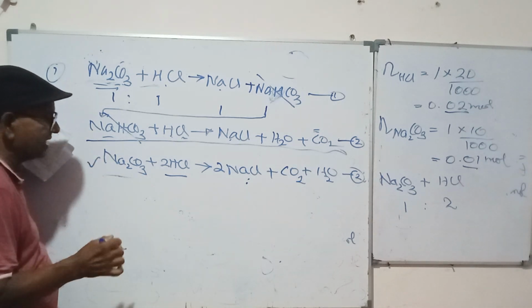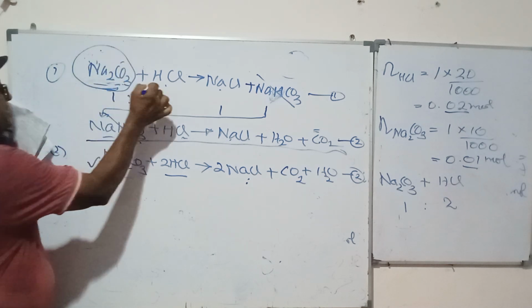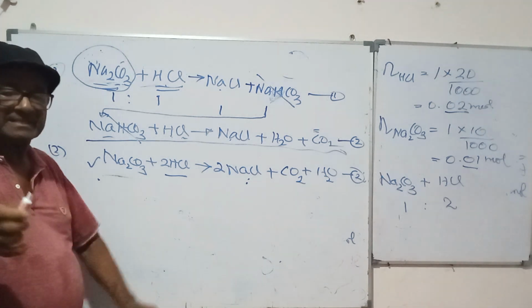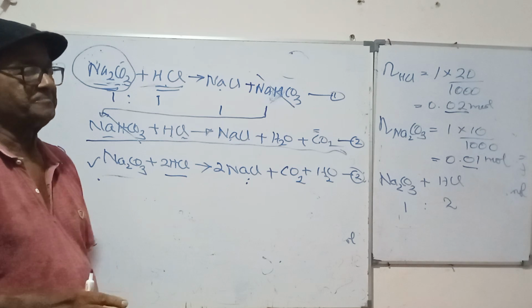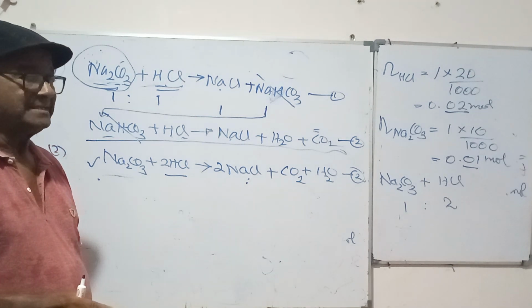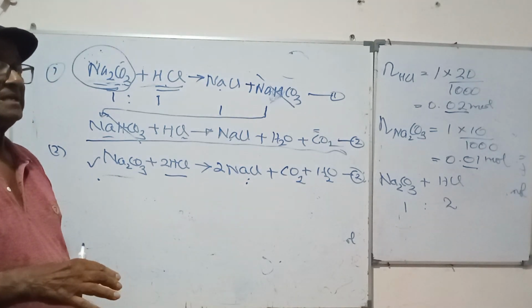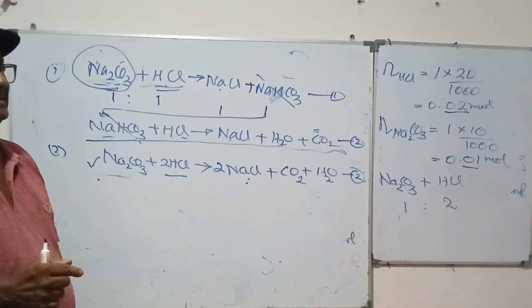So it is clear that we must understand that sodium carbonate reacts with HCl in two steps. Right? These two steps can be identified using indicators.